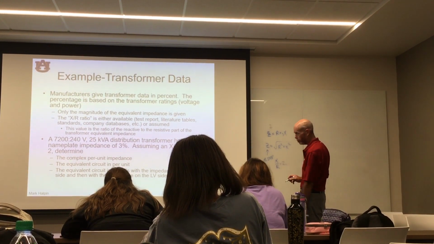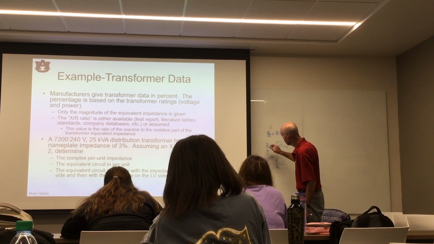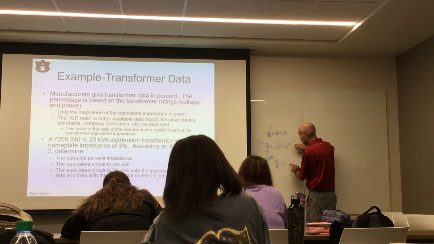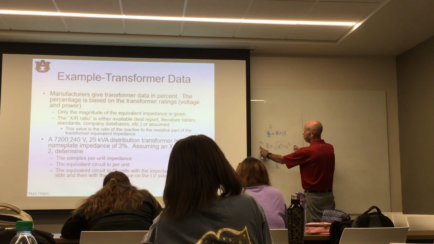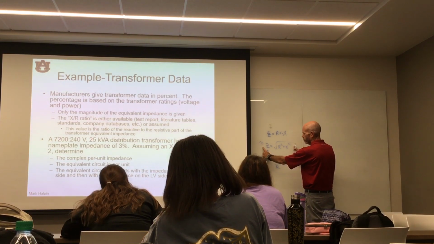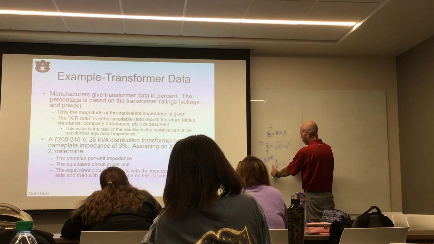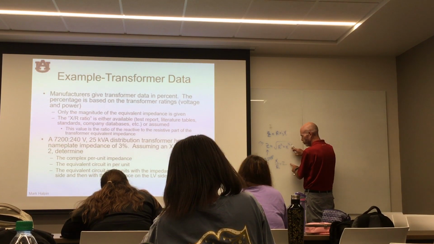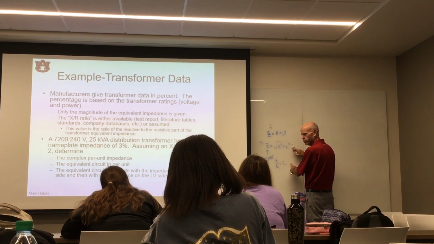The percent impedance is 3. So now, look at this. Here I have one equation: get rid of that Z and replace it with a 3. So I have one equation and 2 unknowns. The 2 unknowns are R and X. Between these two, I have 2 equations, 2 unknowns.